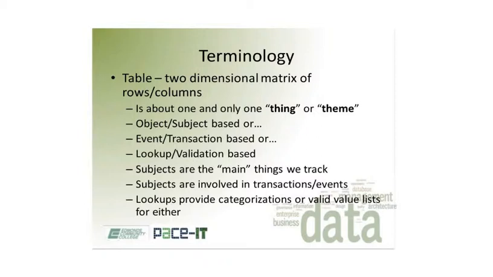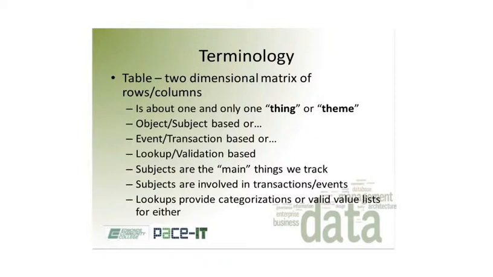For instance, if you're in the CIS program, you're taking CIS 209, well, that CIS thing is actually computer information systems. So that's a lookup of a category of class. Validation is more like a valid value list. So if you have days of the week, you'd start with Sunday, end with Saturday. Those would be in a list and probably present themselves as drop-down lists on user interfaces.